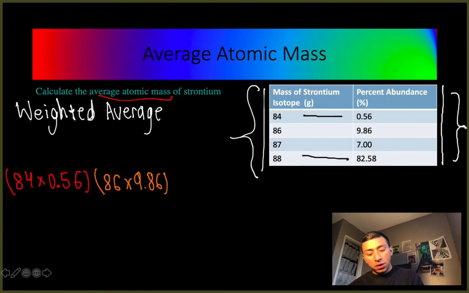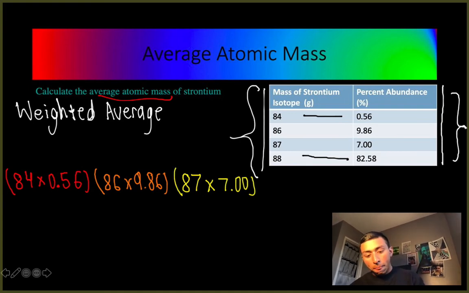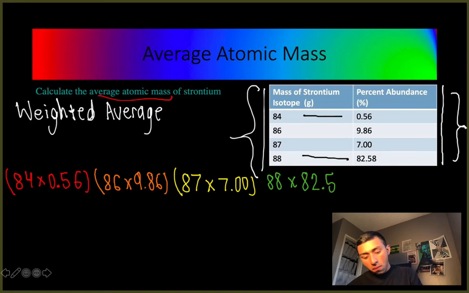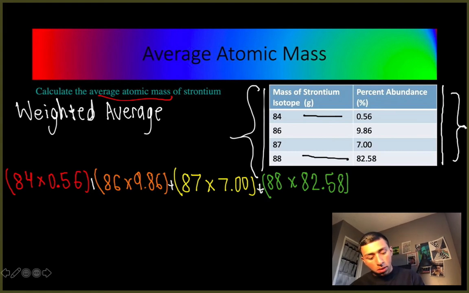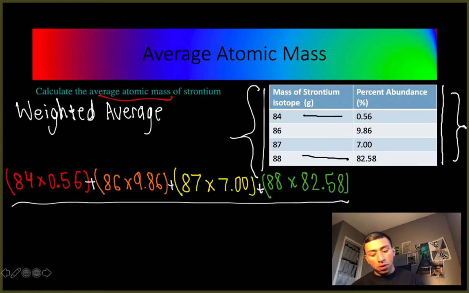I'm just color coding these so that they appear a little more clear to you guys. So look, this is the setup here for the average atomic mass calculation, which is a weighted average calculation. This is how we set it up when we're calculating a weighted average.